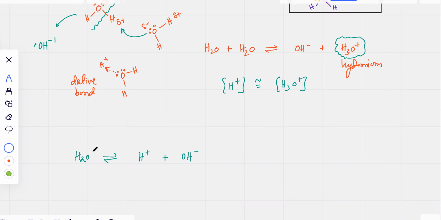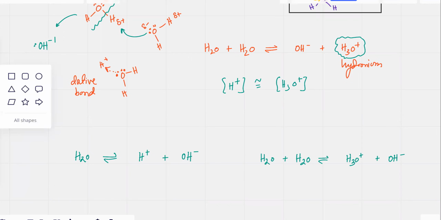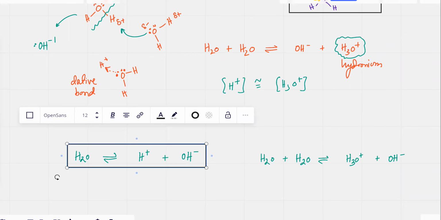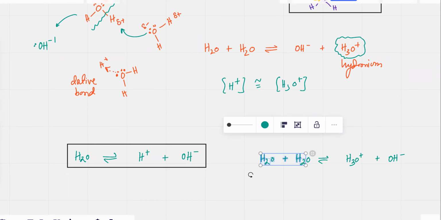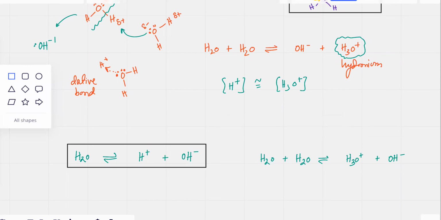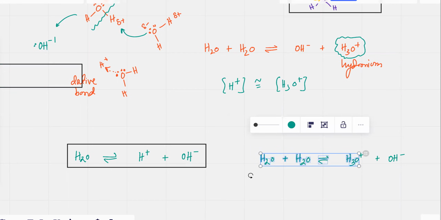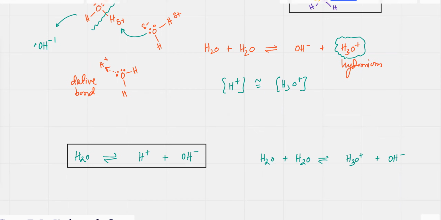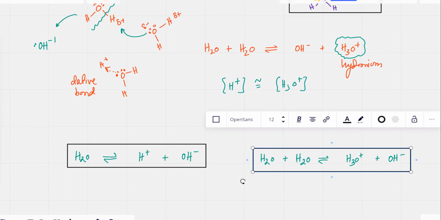Some of the questions would be using this equation for dissociation. Both equations are equivalent. They can be interchangeably used, and they're both equilibrium reactions.